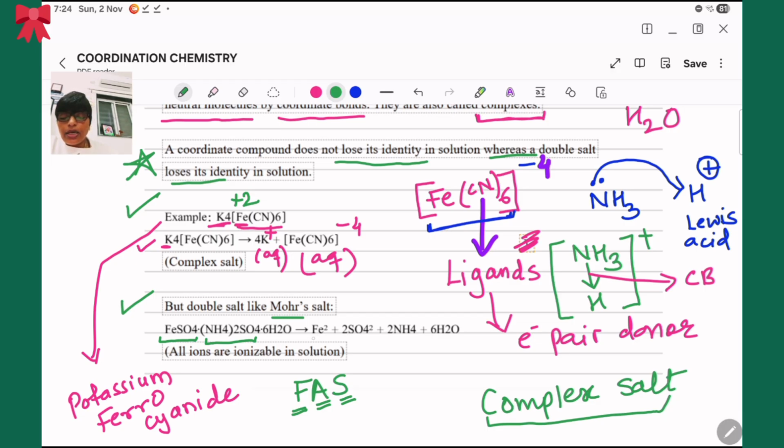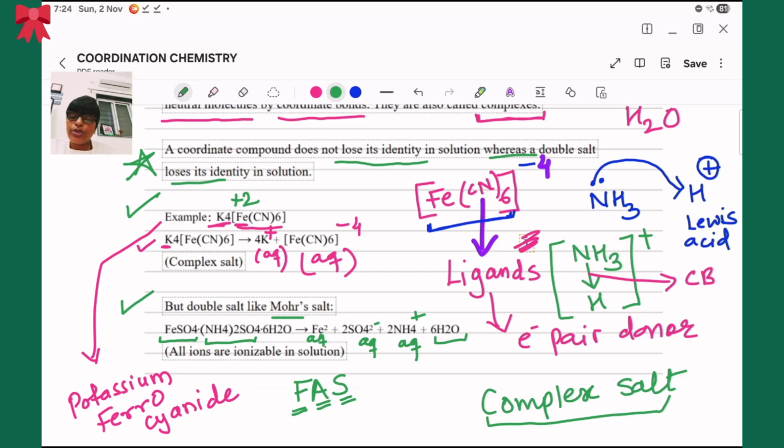So what am I getting here? I'm getting iron, that is Fe2+ aqueous. I'm getting sulfate, that is SO4 2- aqueous. I'm getting NH4+, again aqueous, and the 6 water molecules of crystallization have all come out. So all the ions are ionizable in a double salt, whereas they are not breaking down in a complex salt.